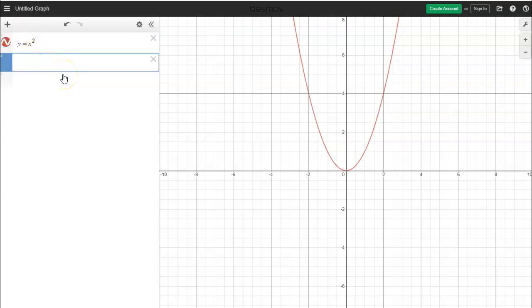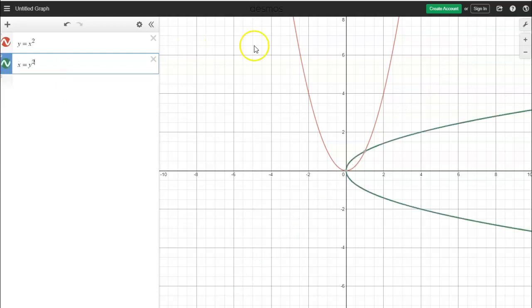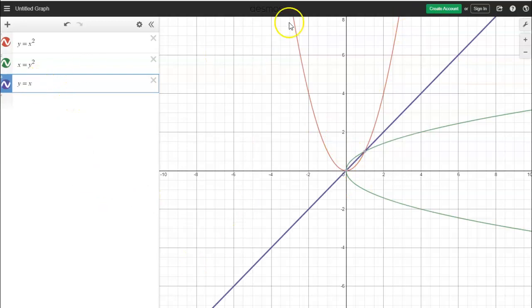And then if I do the inverse, I'll just do it a simple way, and I'll just switch the x and the y. So I'm going to do x equals y squared. So again, you can see that the red one is a function, the green one is the inverse, and there is a reflection here amongst this y equals x line. These two things are reflected here.